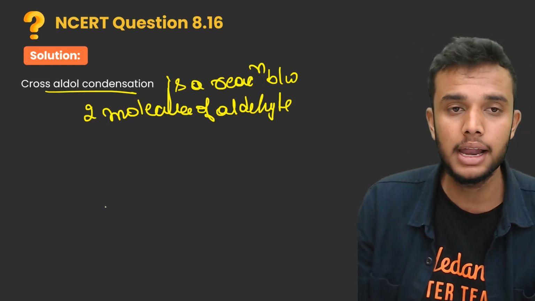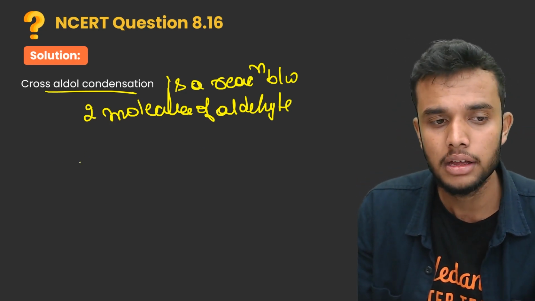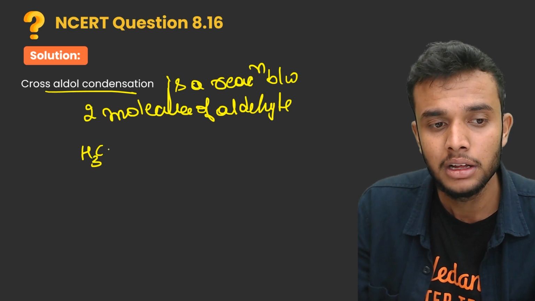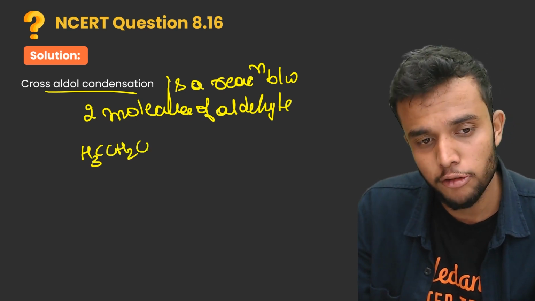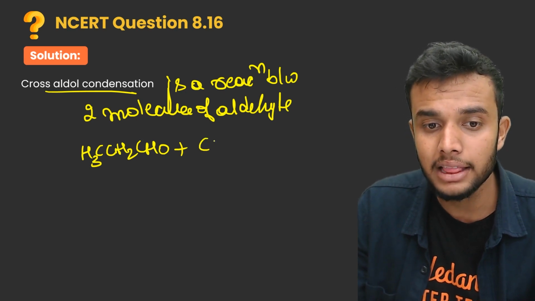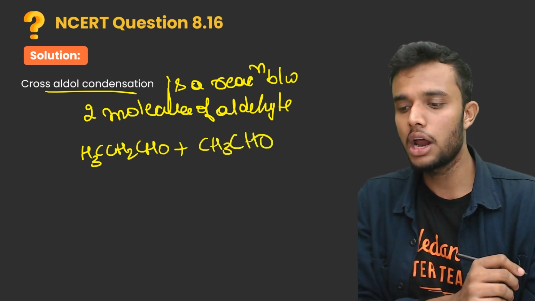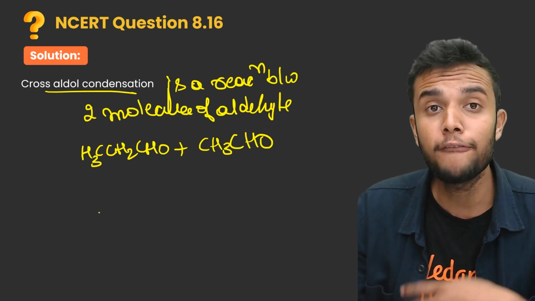For example, the reaction between propanal and ethanal. Ethanal is nothing but CH3CHO, plus this is propanal, students, CH3CH2CHO, to yield four products.